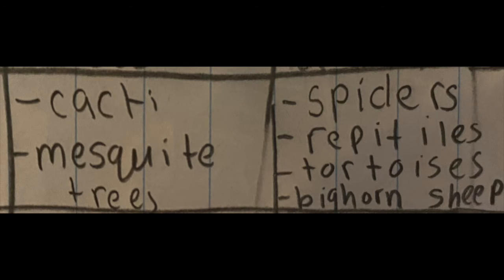Now that we have read about the living factors, let's update the desert row on page 33. The plants that we've read about in deserts are cacti and mesquite trees, and the animals are spiders, reptiles, tortoises, and bighorn sheep. You will now have 1 minute to add this into your journal.